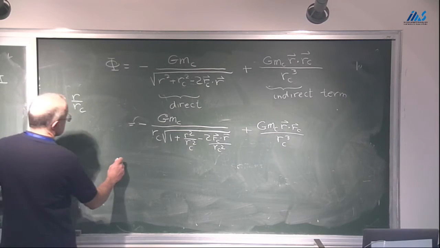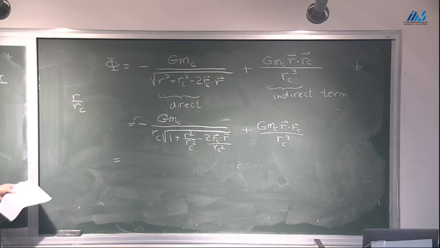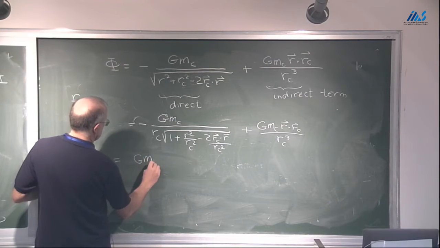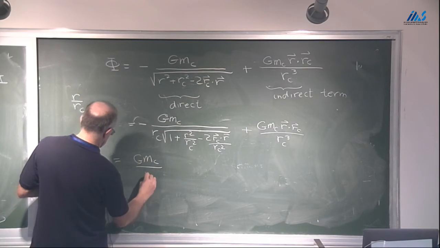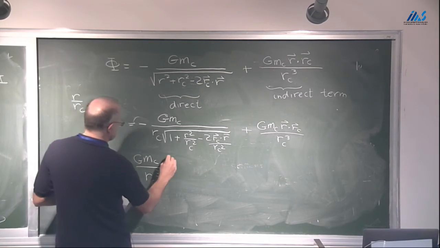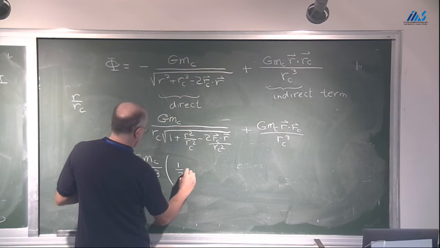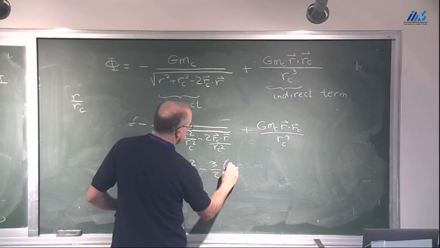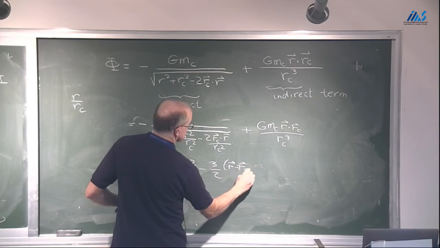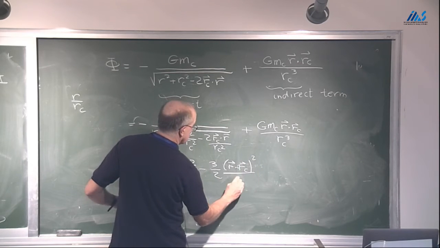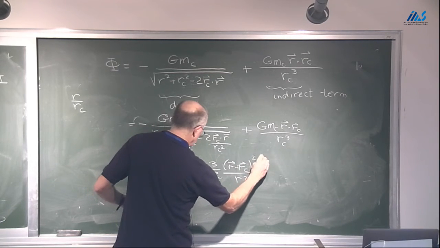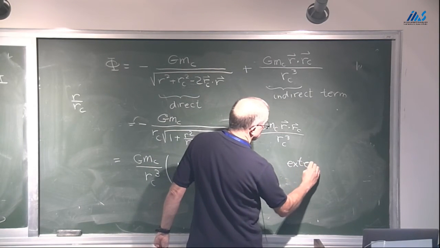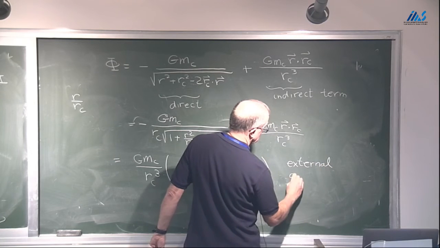So the remaining term is going to be second order in this small parameter and gives you an expression G M_C, mass of the companion, over the distance to the companion cubed times 1/2 r squared minus 3/2 r dotted into the distance to the companion squared over distance to the companion squared. And that's the external quadrupole approximation.